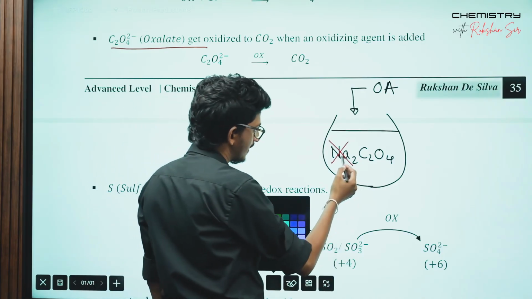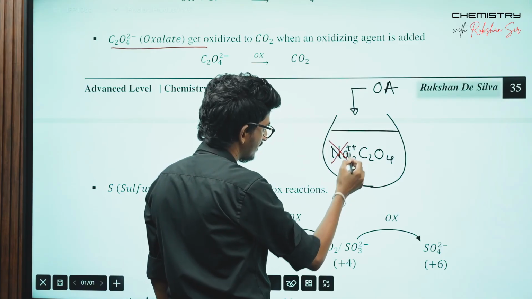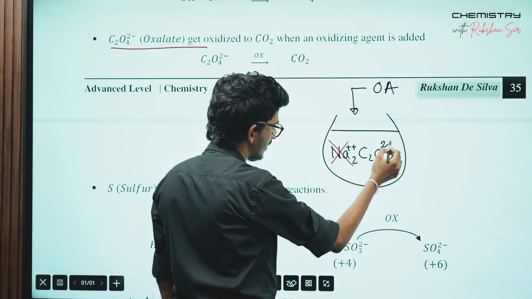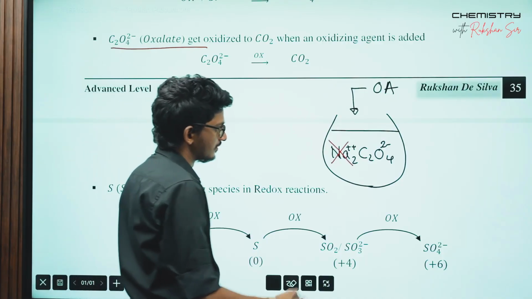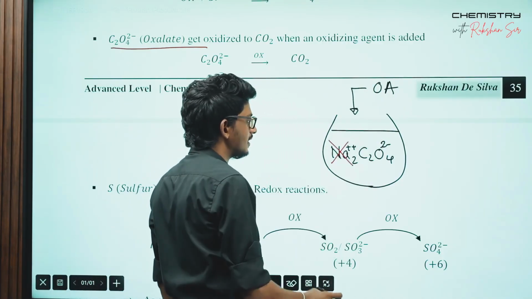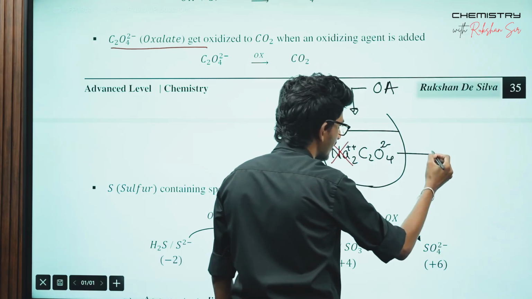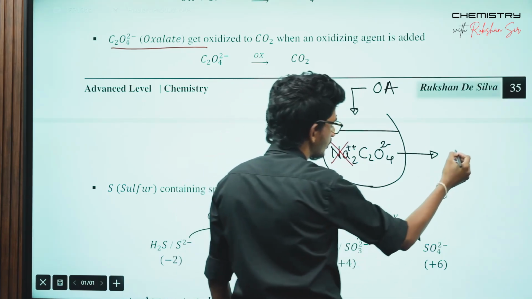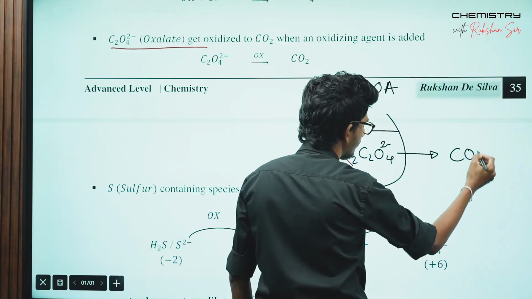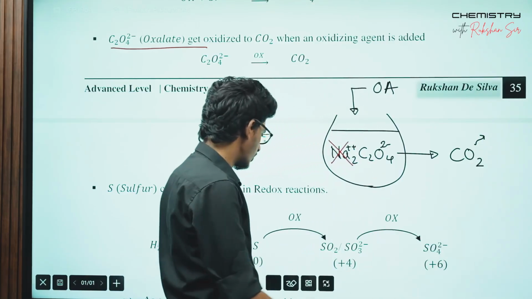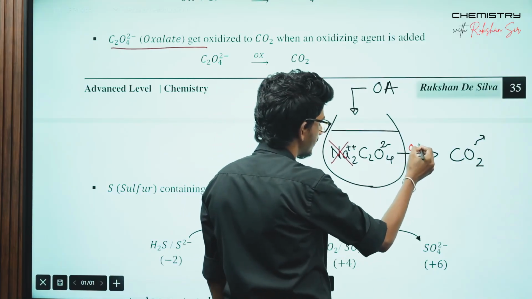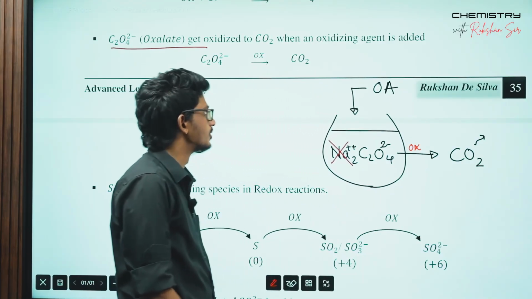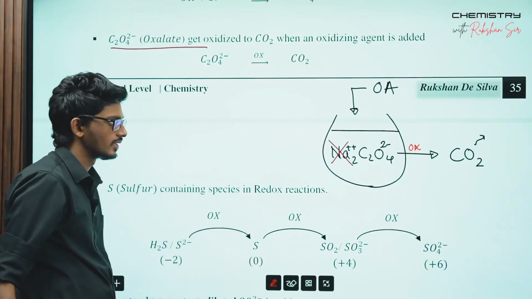You have two Na+ ions and the C2O4 2- ion. The C2O4 2- ion is the one to get oxidized. If you add some oxidizing agent, the C2O4 2- will get oxidized to CO2, that gas. Always, the oxalates will get oxidized to CO2.